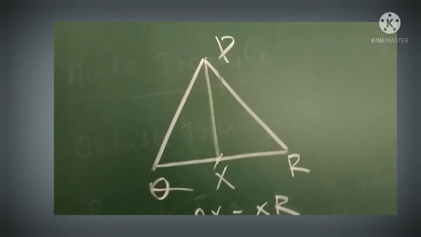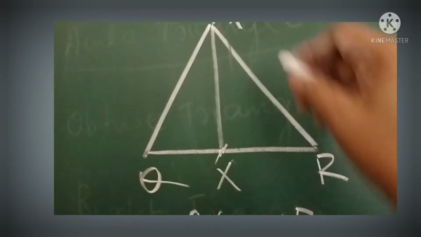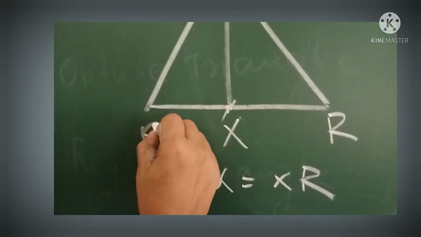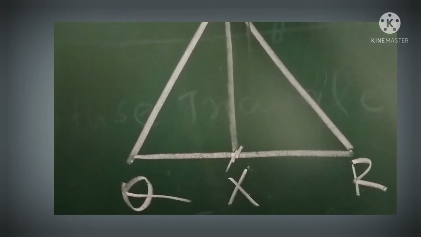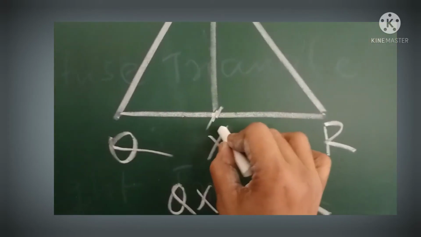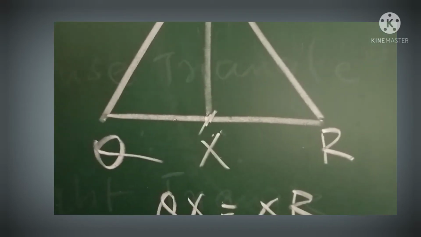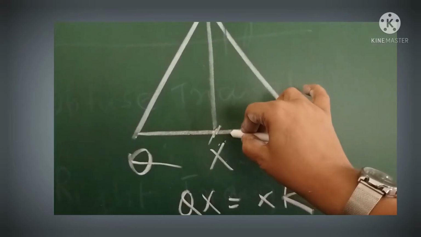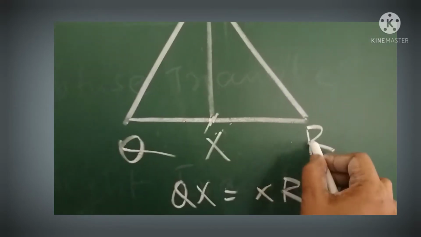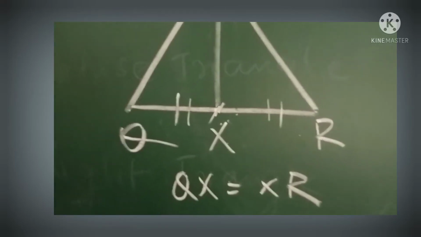PQR is a triangle, and the line segment joins P and the midpoint of QR. That means a line segment from one vertex to the opposite side, where the side is divided into 2 equal parts. Here PX is the line segment which divides QR into 2 equal parts, that is QX and XR.